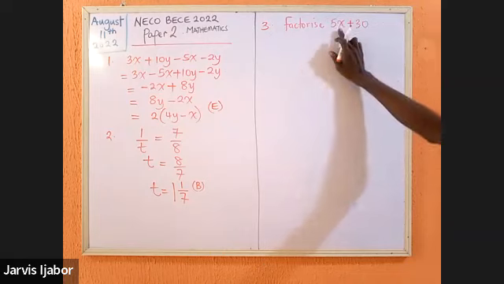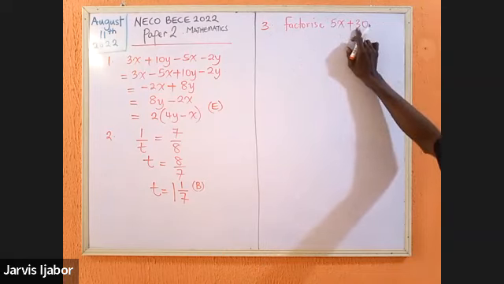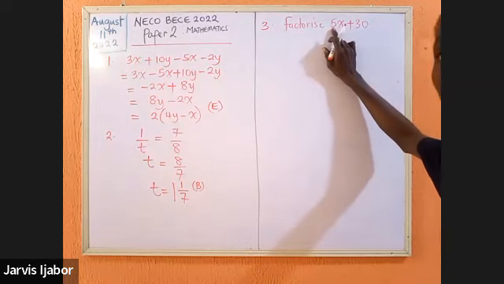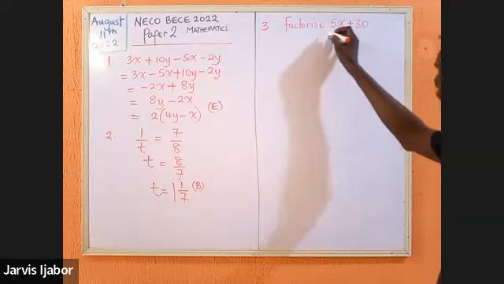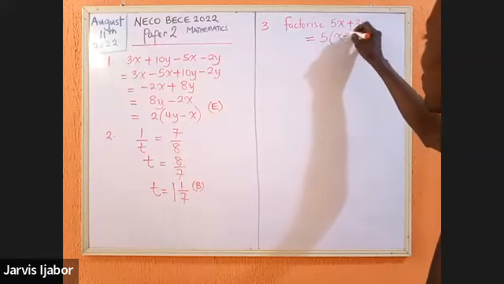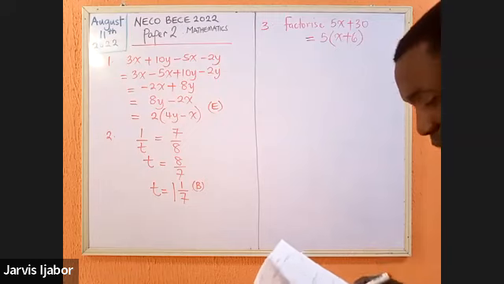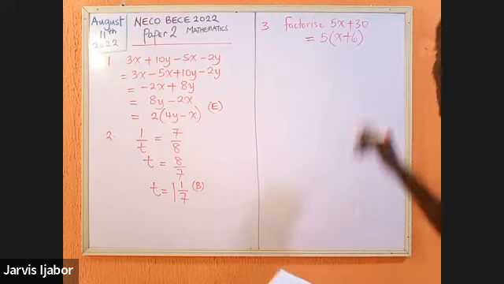If you look at this very well, 5 is multiplying x, and 30 here, there's a common factor. If you remember your multiples of 5, you discover that 5 times 6 will give me 30. So I would have 5 into x plus 6. And that will be your final answer. And that option will simply be C.